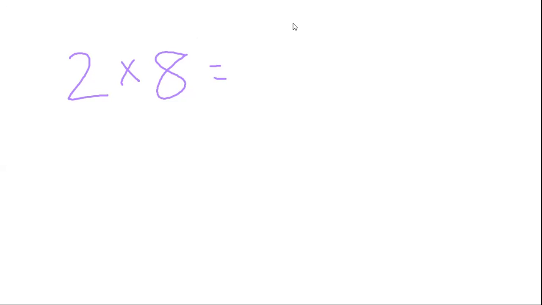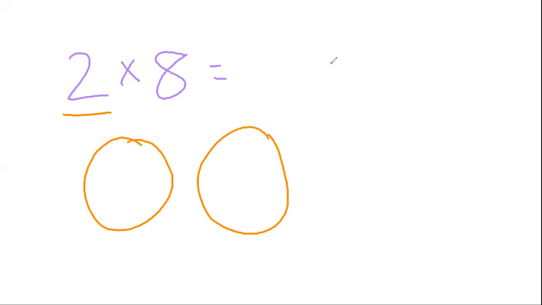Let's check our work. 2 times 8. My first factor is 2. That tells me I have 2 groups. 1, 2. My second factor is an 8. This 8 tells me that I put 8 counters in each group. So my first group is going to get 8 counters.